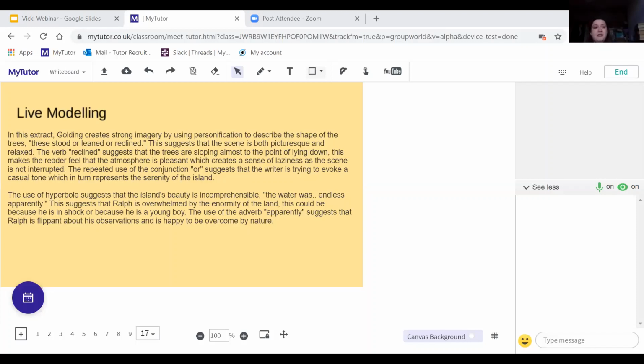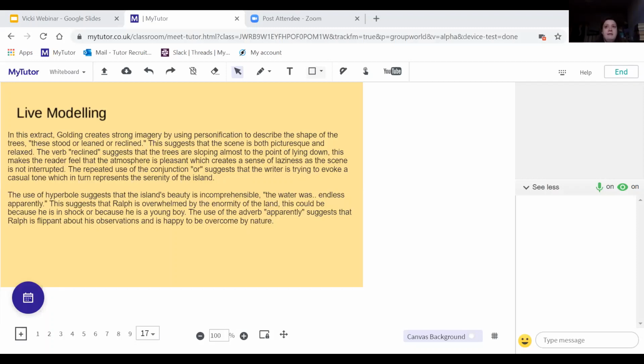In terms of the papers, you wouldn't be able to use An Inspector Calls because it is not what you would be given in your paper 1s or your paper 2s for your English language, because you're not covering plays. This is just descriptive writing.